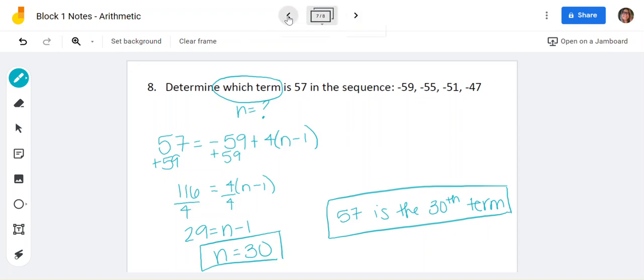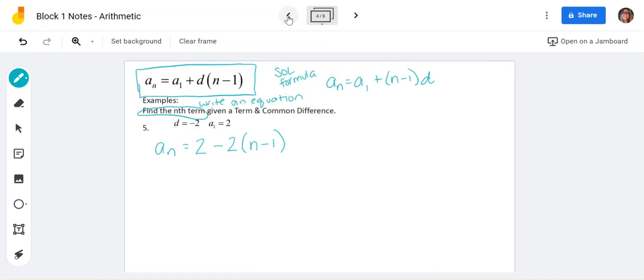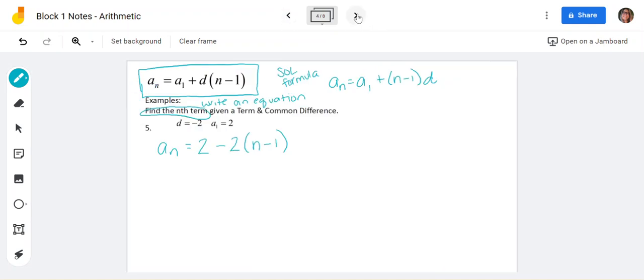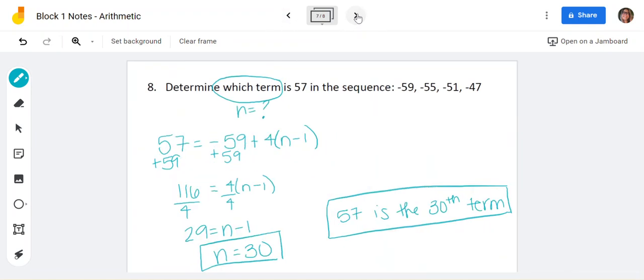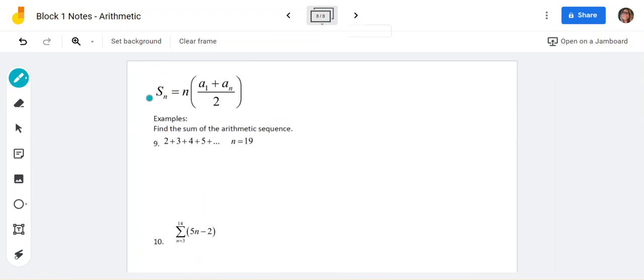So that is all dealing with our formula for writing the rule with our a sub n. Now we're going to look at the sum. So when it says s sub n, if it said s sub 20, it wants us to add up the first 20 terms in the sequence. So there's two different ways we can do this.